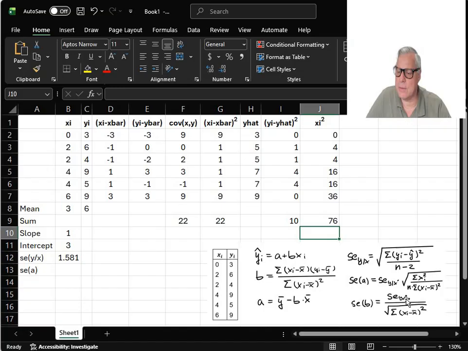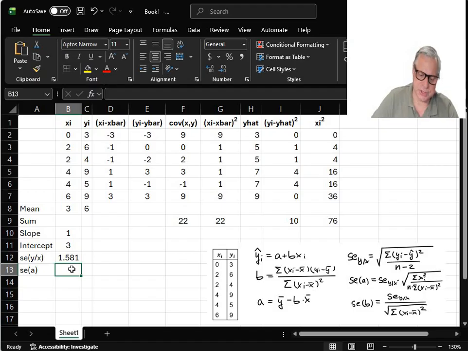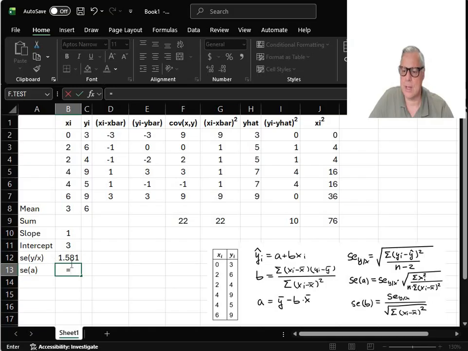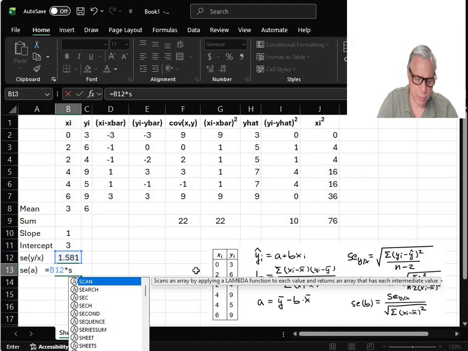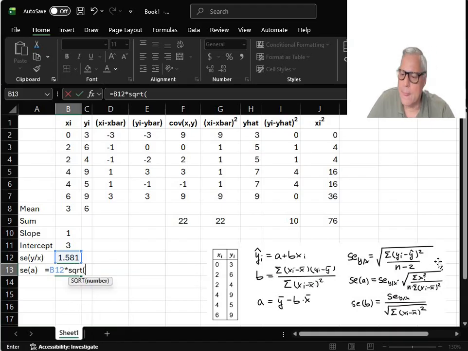Okay, and then we have to divide by n times the sum of the xi minus x bar squared, which we already have. So the standard error of A is equal to the standard error of the regression. I click into the cell with the 1.581 times the square root of all the xi squared, that is the 76.